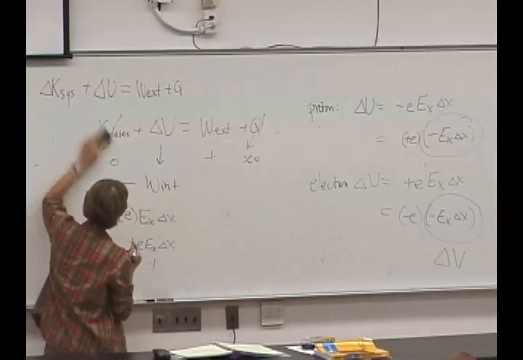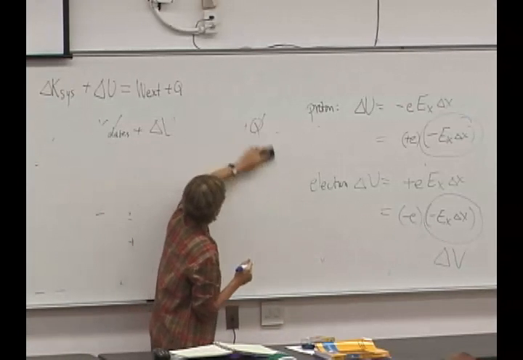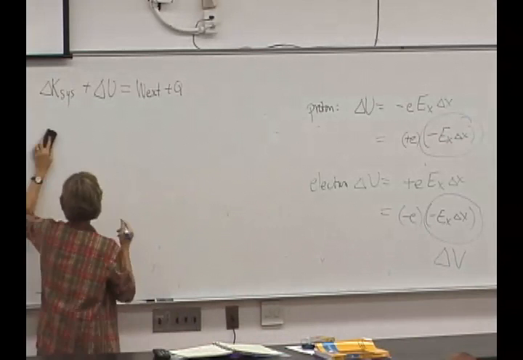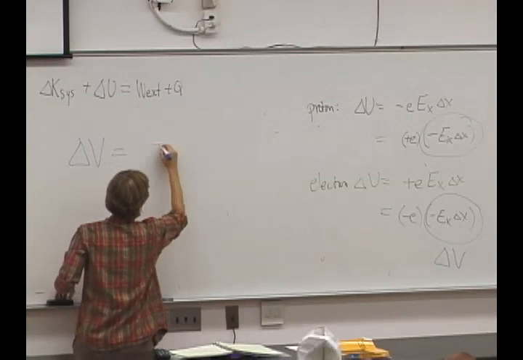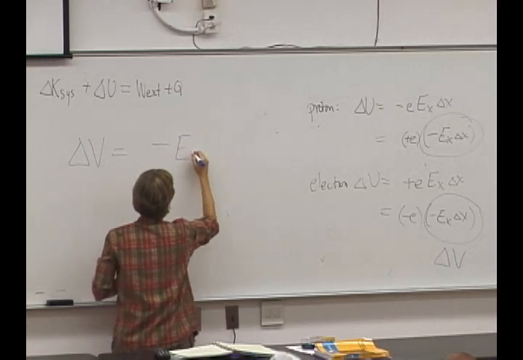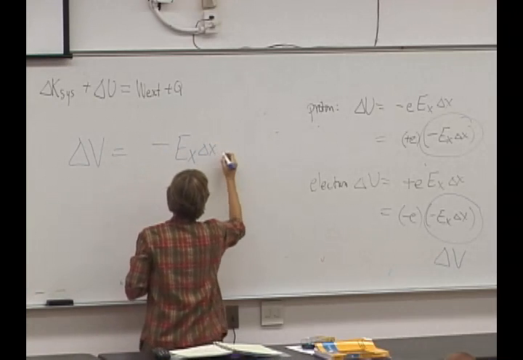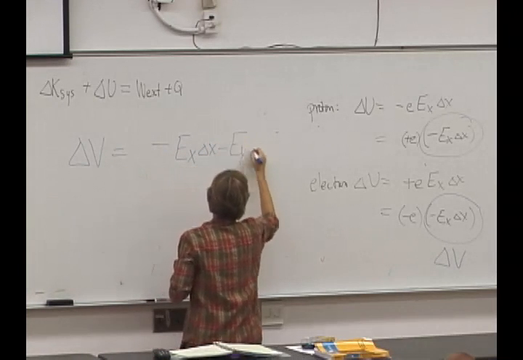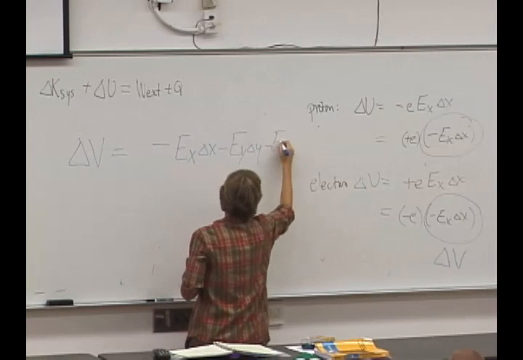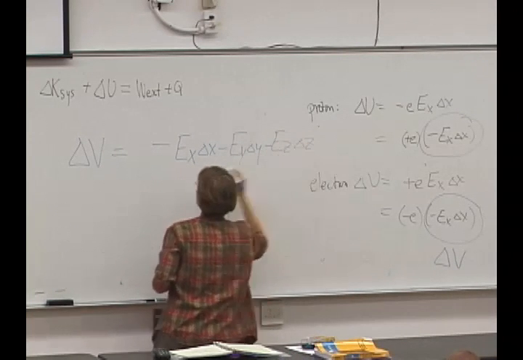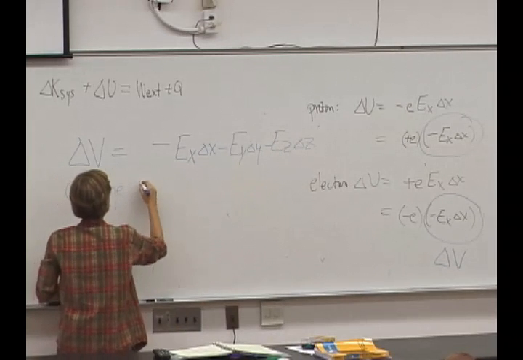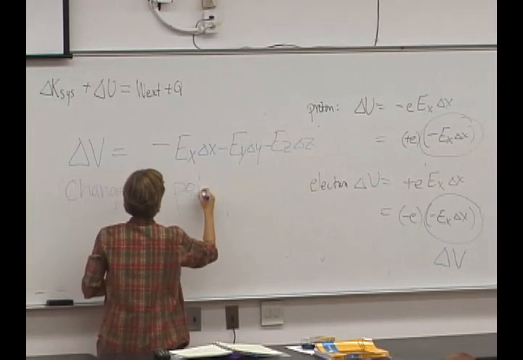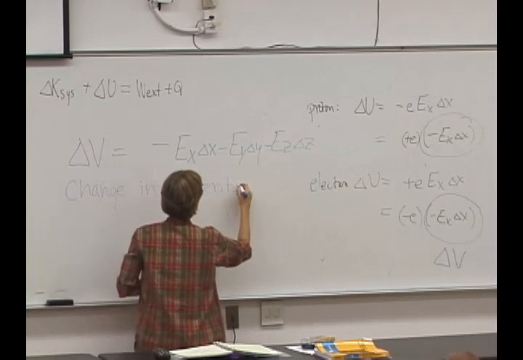So we have delta V is minus, in general, E_x delta x minus E_y delta y minus E_z delta z. It's called the change in potential, not potential energy.